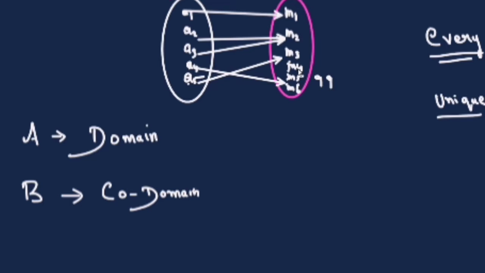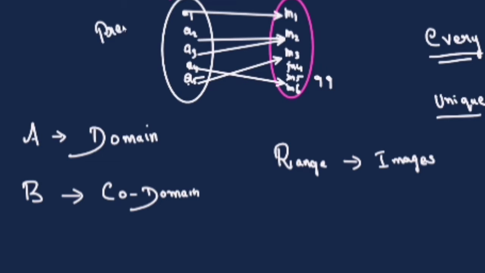M4, M5 we did not map, nobody got those marks. So the elements which are mapped are called the range. The range is the images, and these elements of the set A are called the pre-images, or just the elements, and these are called the images. So that is called pre-image and image.